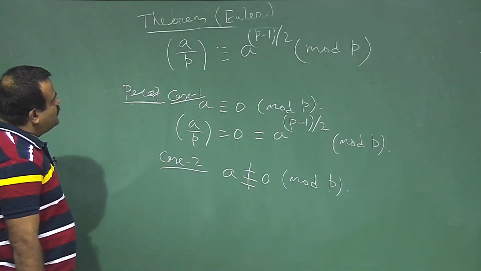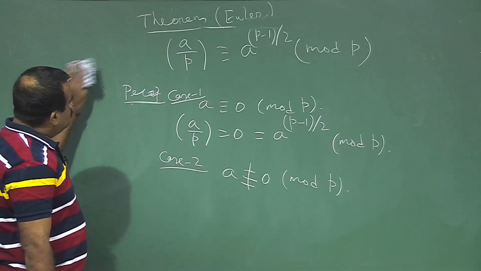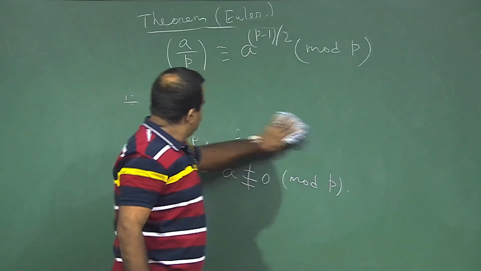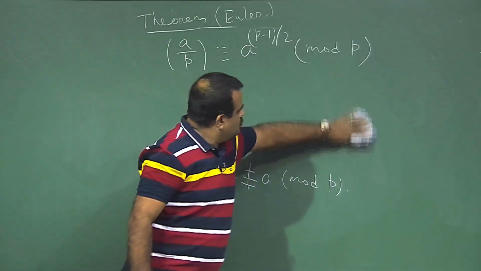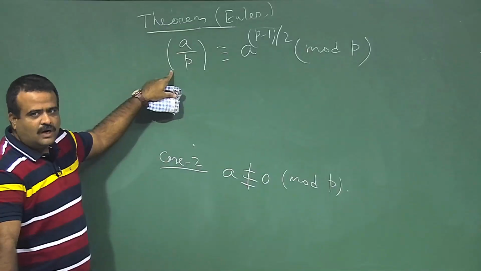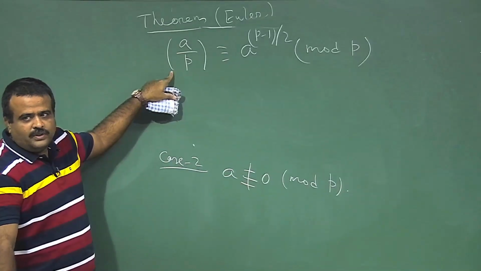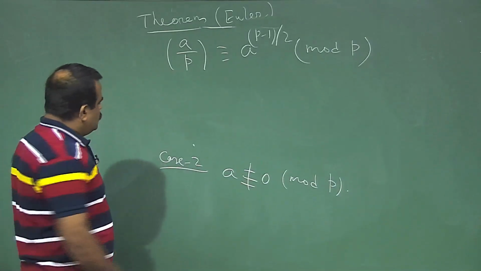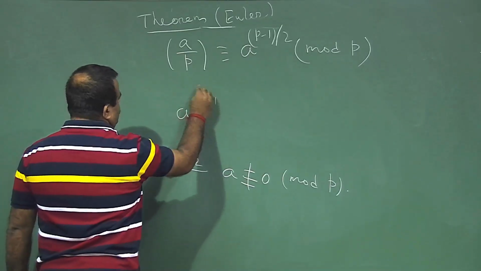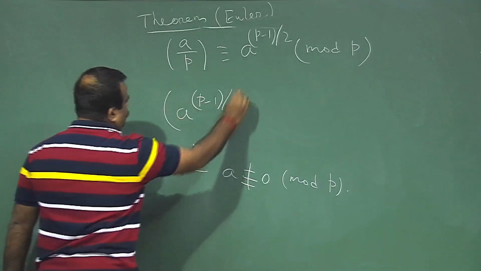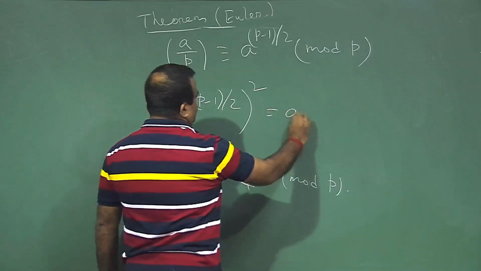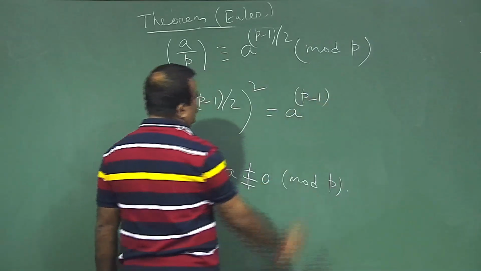So, in this case, what will we do? The Legendre symbol is either 1 or minus 1, depending on whether A is a square or not. We take A to the power (P minus 1) by 2 and square it up. This basically gives us A to the power P minus 1.